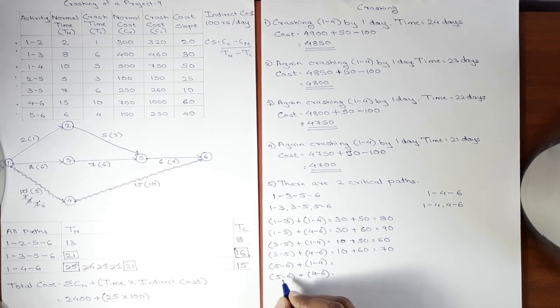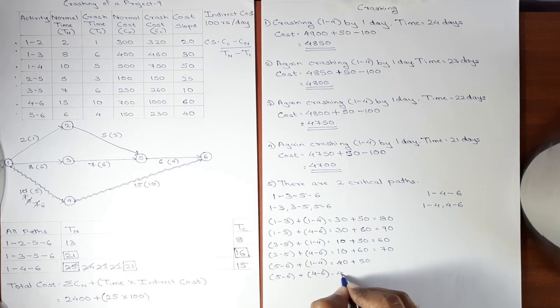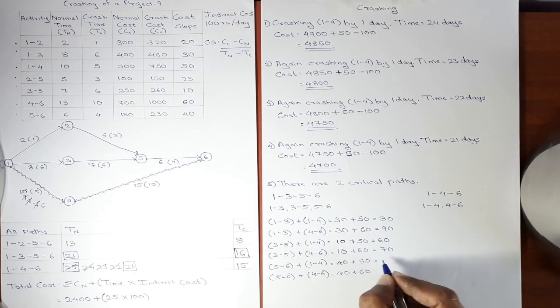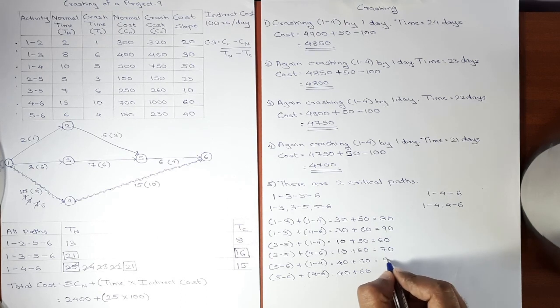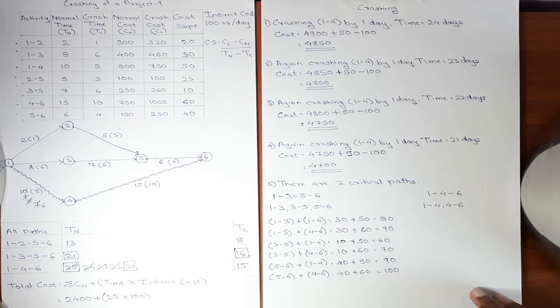Cost slope of 5, 6 is 40. Cost slope of 1, 4 is 50, and cost slope of 4, 6 is 60. 50 plus 40 is 90. 40 plus 60 is 100. Our combinations are complete. There are no more possible combinations.